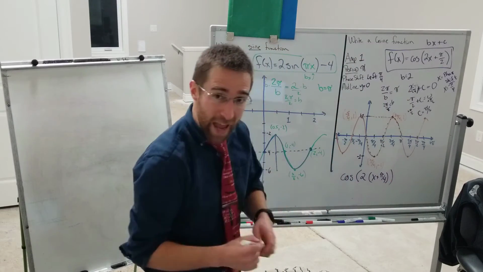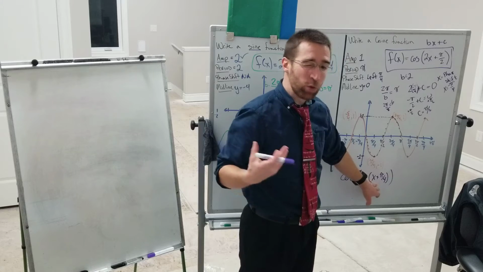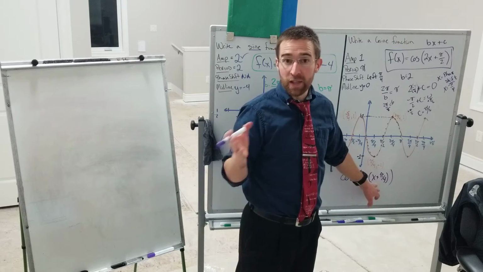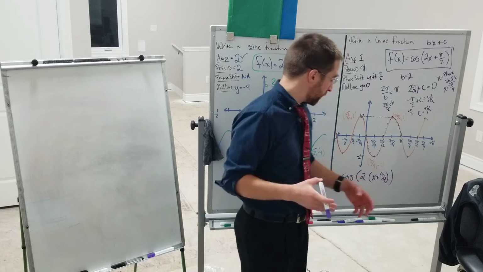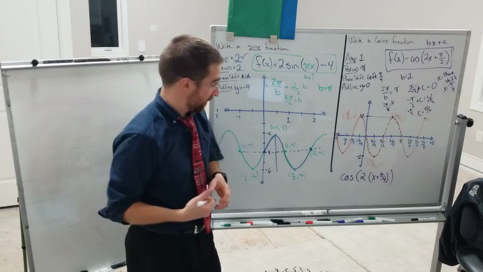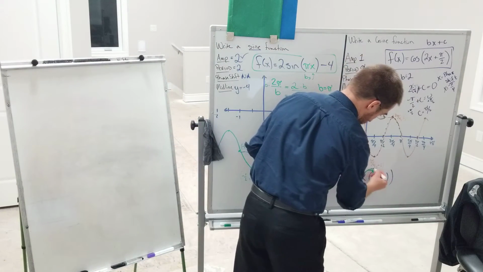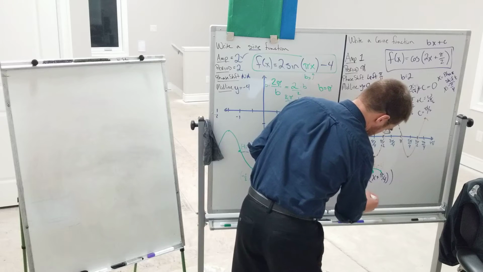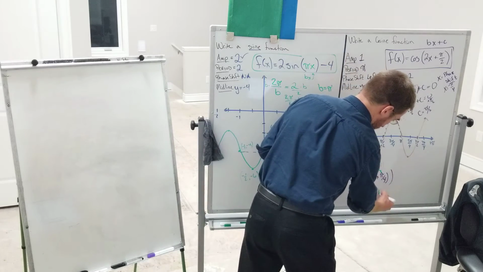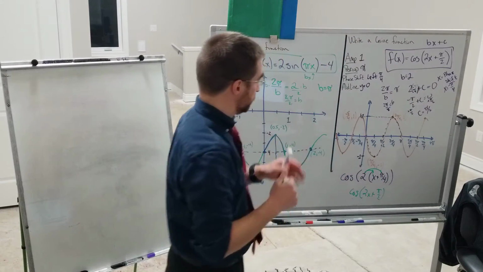If I have it factored in the argument, this phase shift shows up like it normally would in a regular transformation. Left pi over 4 would be plus pi over 4. It just needs to have the 2, the b value, factored out of it. So now if we distribute this 2 through, we'll get cosine 2x plus 2 times pi over 4, which is pi over 2, and that's the same thing we had there. Cool.